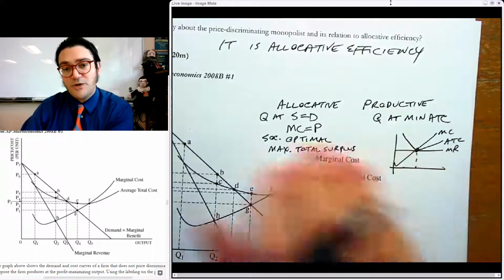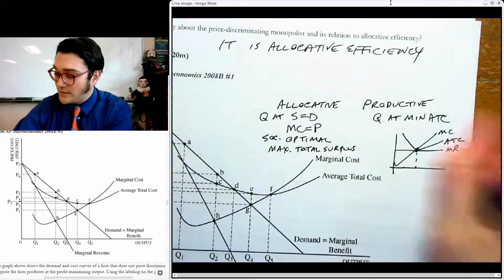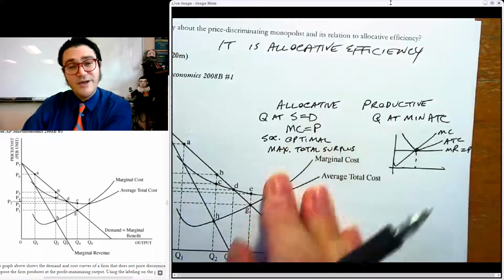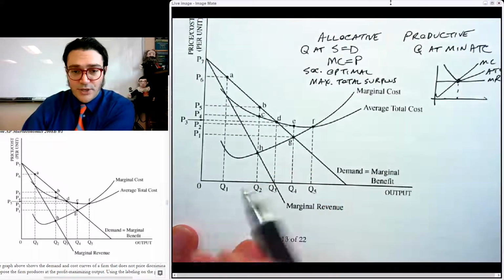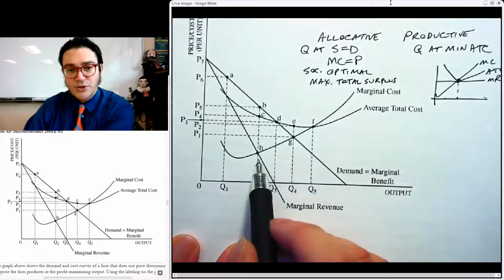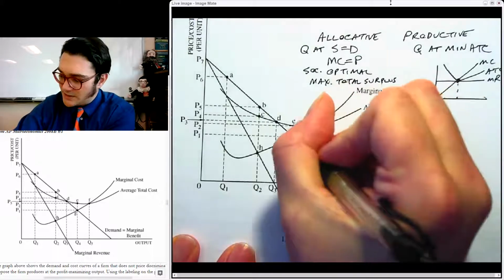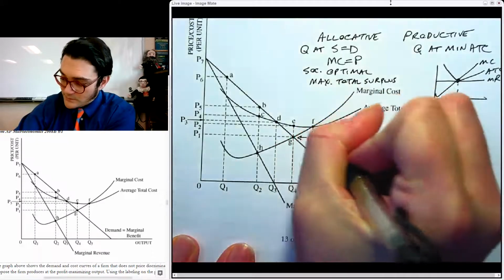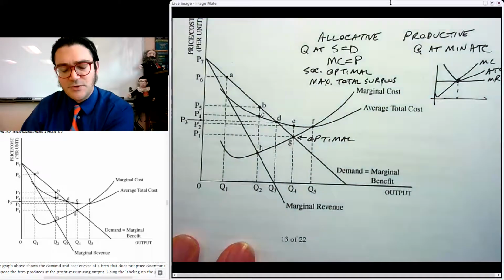So we'd say perfectly competitive firms do this, because we have MR equals D equals AR equals P, and so they do fulfill both. But what about this monopolist? Are they allocatively efficient? In a normal situation, no, they're going to produce Q2, which is not where supply and demand are, because this is the optimal, where supply and demand are. That's where marginal cost and price are equal to each other.